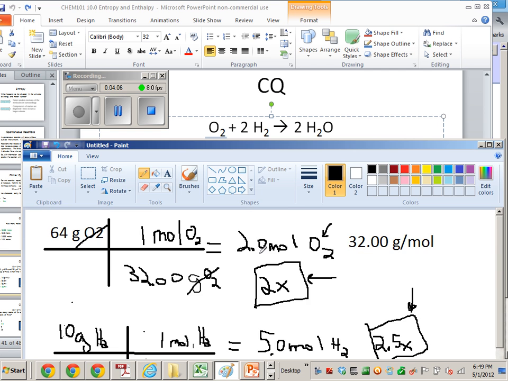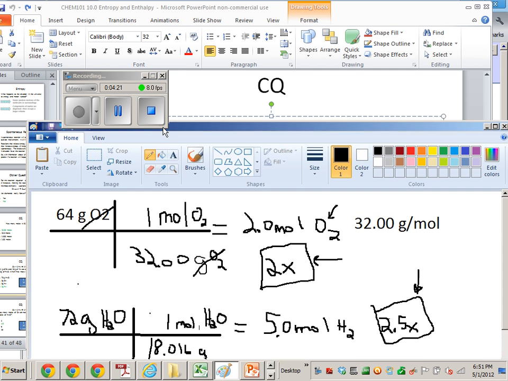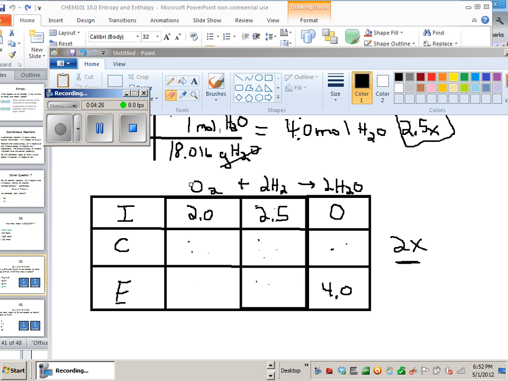Okay. So in the question, we're also given that at the end of the reaction, whether or not it went to completion, we'll have to figure that out, we ended up getting 72 grams of H2O. So if we convert that to moles, we can write an ICE table.